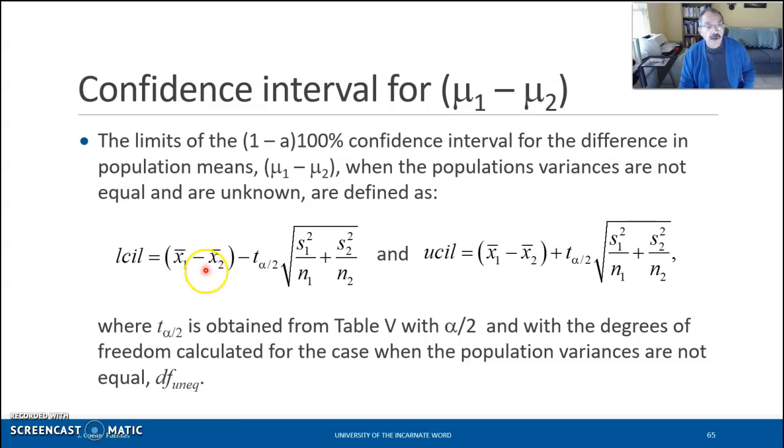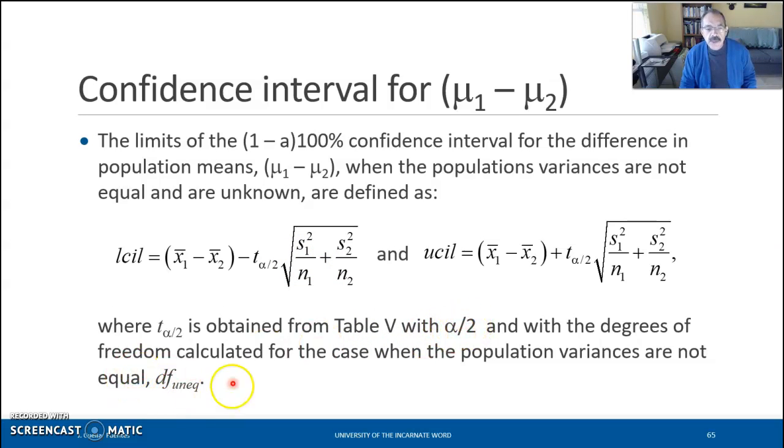And here's that confidence interval. And again, this is very similar to what we had before, but the difference is that we keep the two sample variances separate, because now we know that the variances of the populations are not the same. And also the critical t-value for the confidence interval is obtained from table 5, as we have done before, with alpha over 2.